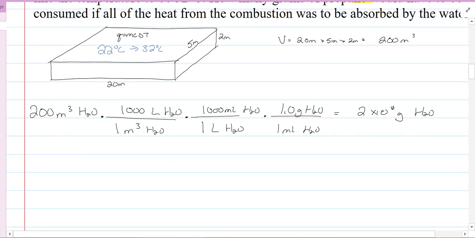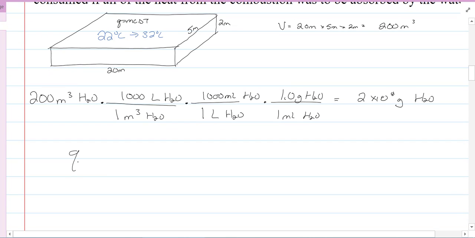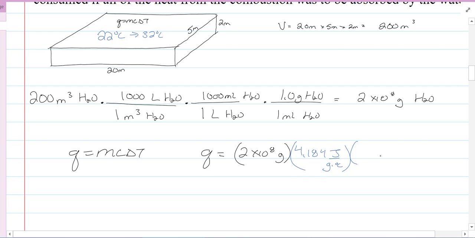So now I have Q equals mC delta T. I can heat the water. So the amount of heat required is equal to 2 times 10 to the 8th grams of water times the 4.184 joules per gram degrees Celsius. And delta T was 10 degrees Celsius, 32 degrees Celsius minus 22, which is just 10 degrees Celsius.